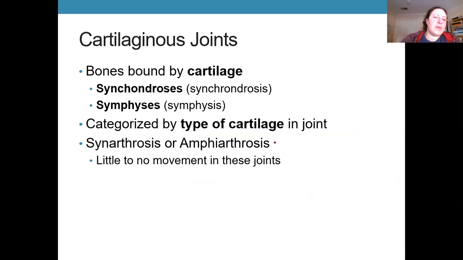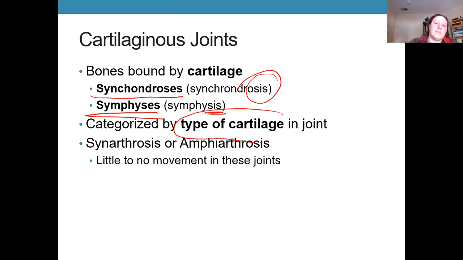So the two types we have are synchondroses, that's the plural with synchondrosis as a singular, and then symphyses, again, the plural where symphysis is the singular. Now, the distinction between these two types of joints is the type of cartilage being used.